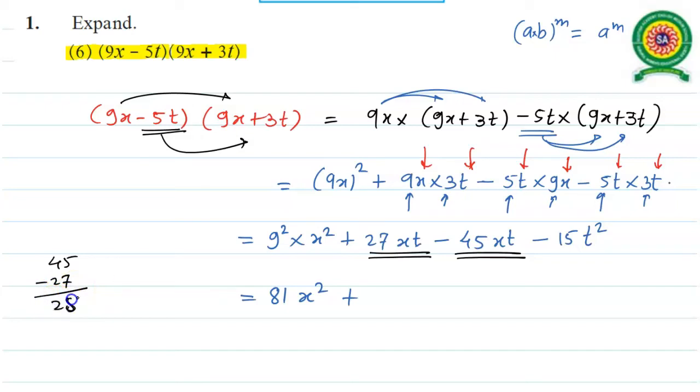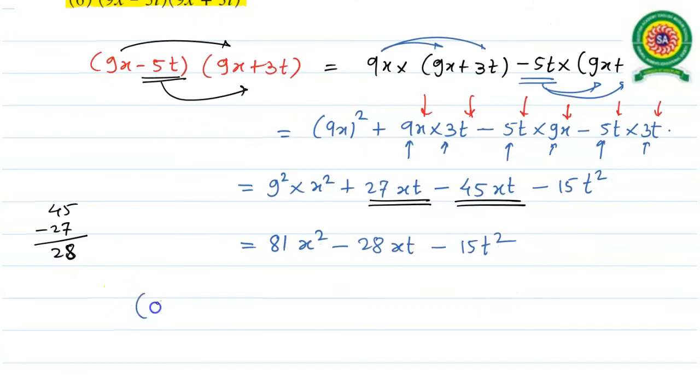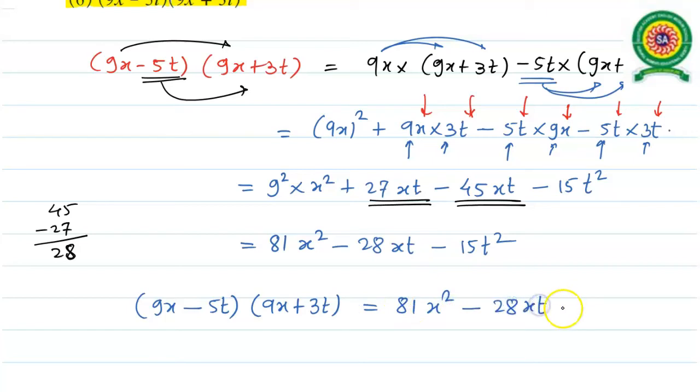The sign convention of the answer among 27 and 45: 45 is the greatest integer having a minus sign, so that we are having now minus 28xt and minus 15t square as it is. So I am writing now the expansion of (9x minus 5t) into (9x plus 3t) is equal to 81x square minus 28xt minus 15t square.